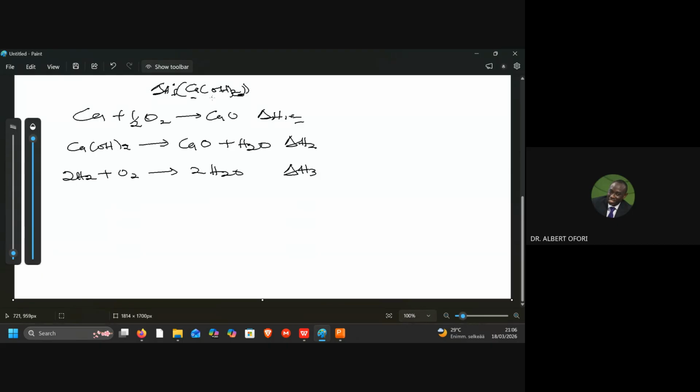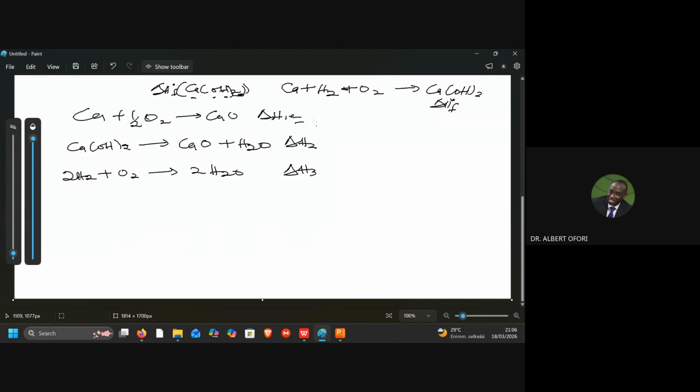I have calcium, oxygen, and hydrogen. So the enthalpy of formation is for 1 mole of that. I need just 1 mole of calcium hydroxide. So I use calcium plus oxygen 2 plus hydrogen 2 to just give me calcium hydroxide. And this is the standard enthalpy of formation.